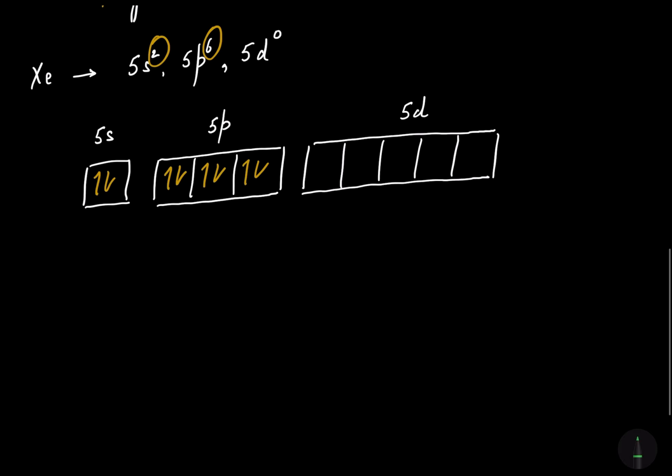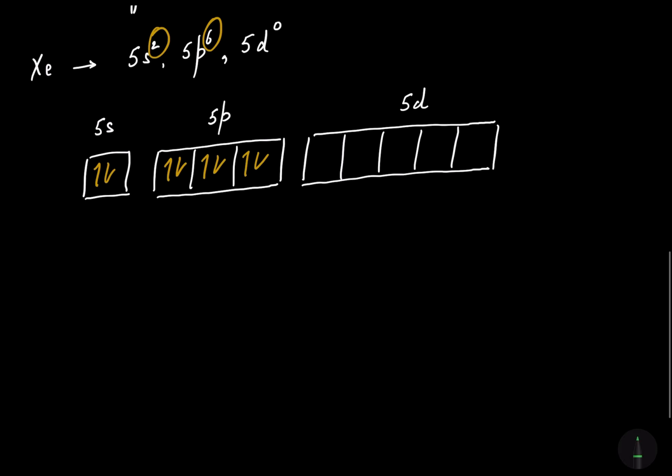So, for that, we need to excite some electrons from 5p to 5d. How many electrons will we excite? We will excite a total of 3 electrons to get the 6 unpaired electrons in 6 different atomic orbitals. So here we need to excite the first electron from the 5p to the 5d.